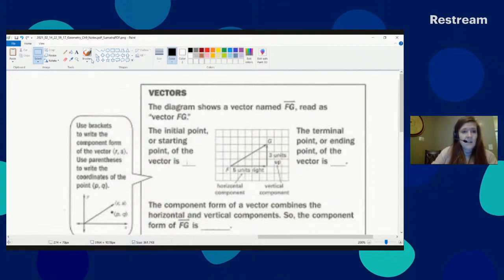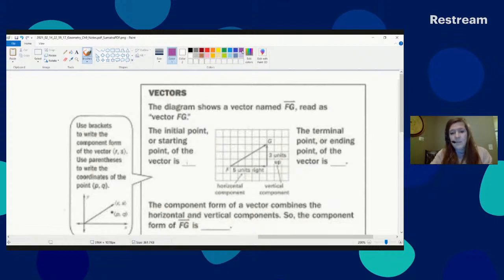Now, if you're in physics class, you might have already talked about this before. A vector, if you go back to your definition in the front, is a quantity that has a direction and a magnitude. So it's not just how big something is, it's what direction it's going in.